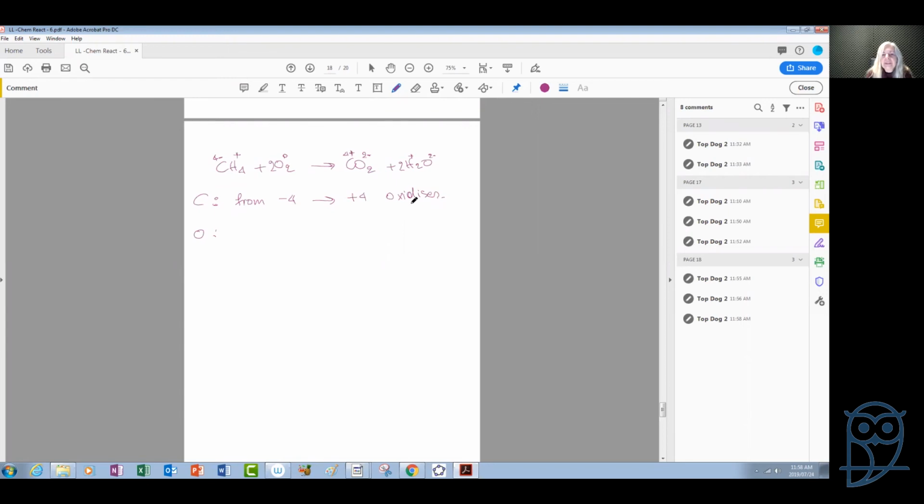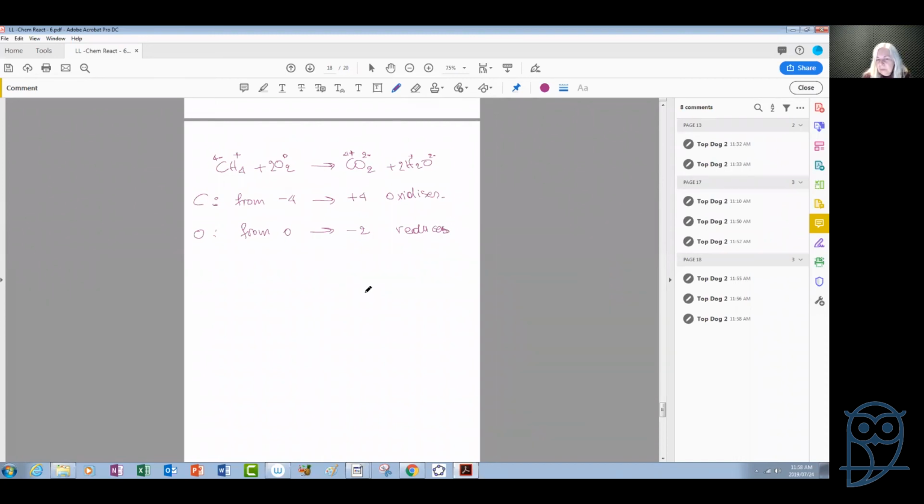So we knew it oxidizes. Okay, so carbon oxidizes, and now we see why in terms of its oxidation numbers. The oxygen from 0 dropped to minus 2 in both of these compounds. So the oxygen reduces, and of course it reduces.